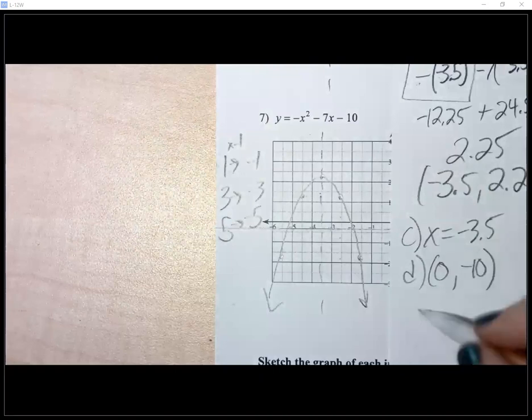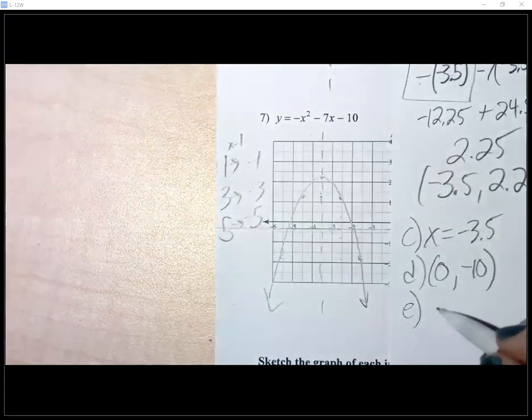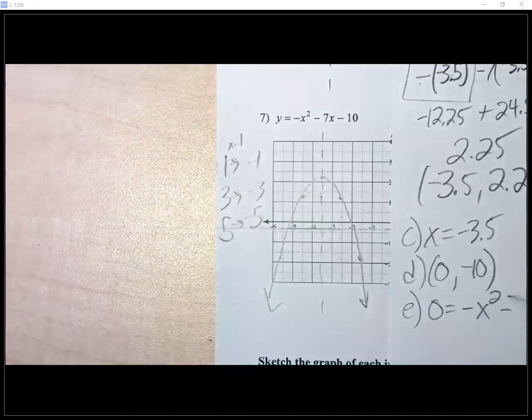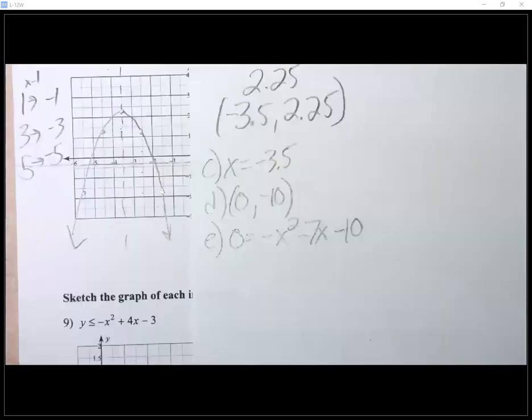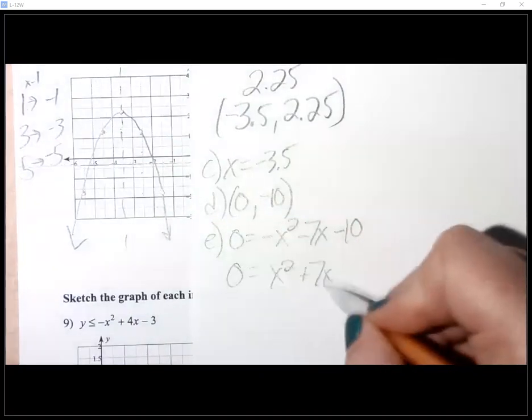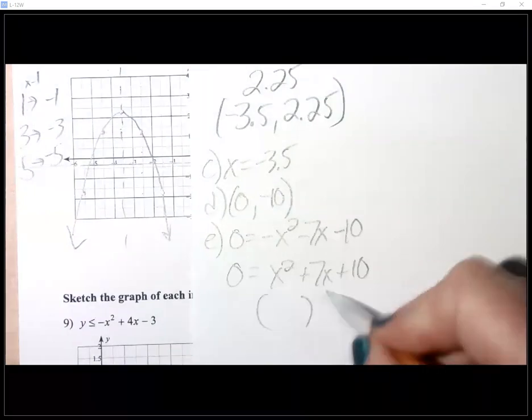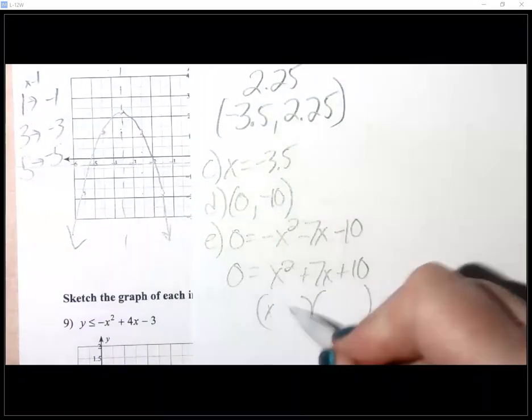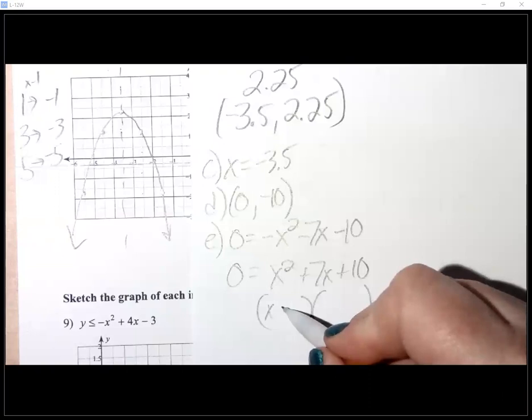E, so let's replace y with a 0. This one actually ends up being really nice because you can just factor this thing. Oh, sorry. So we're here. Let's divide everything by a negative 1. Make our life even easier. What are factors of 10 that add to 7? 2 and 5.